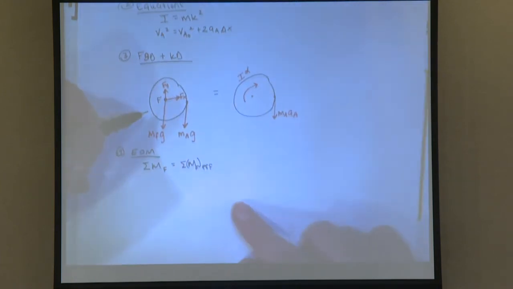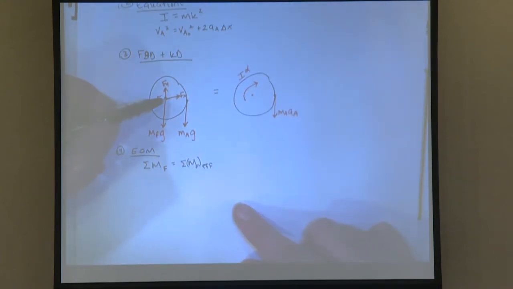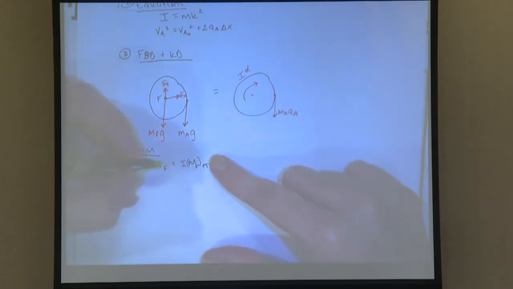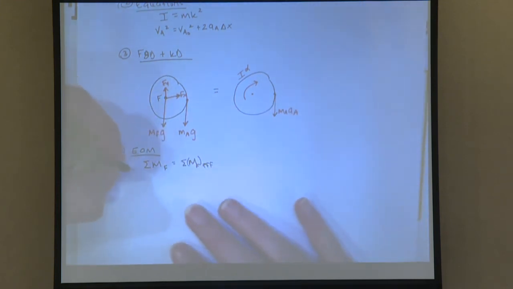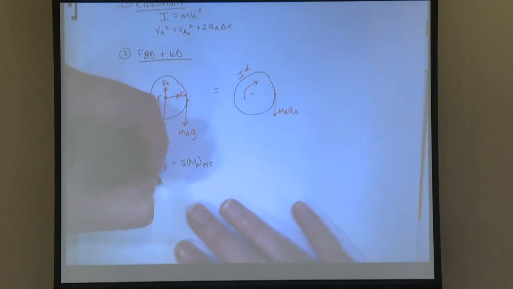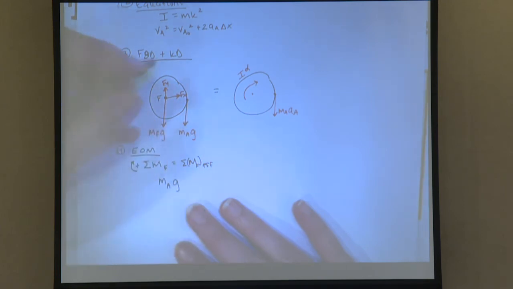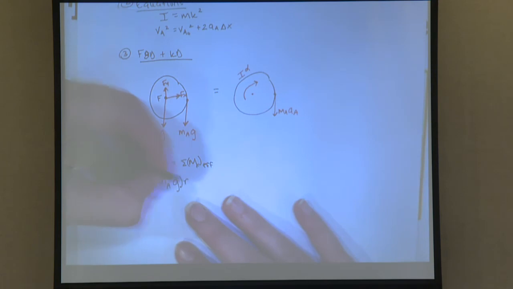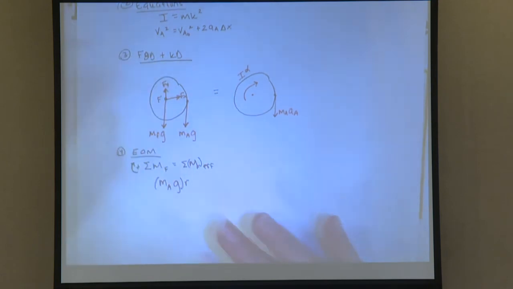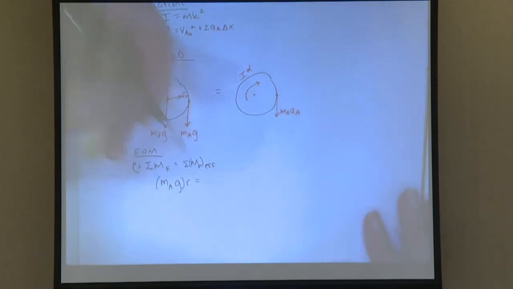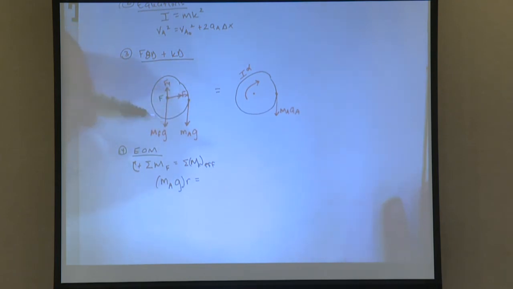So let's look at our free body diagram first. So Fx, Fy, and the weight of the flywheel, since those all act about the center, those are all 0. And then let's say that clockwise is positive. So I'm going to have MAG times the radius r, and that's going clockwise, so it's positive, is equal to... what was that?